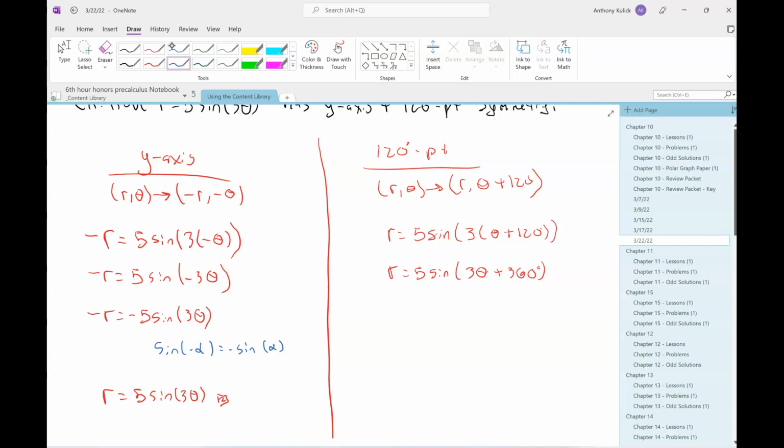And I see an identity that I can use here. Don't we have an identity for the sine of the sum of two angles? We do. So that identity says we get 5 times sine of 3 theta cosine 360 plus 5 cosine 3 theta sine 360.